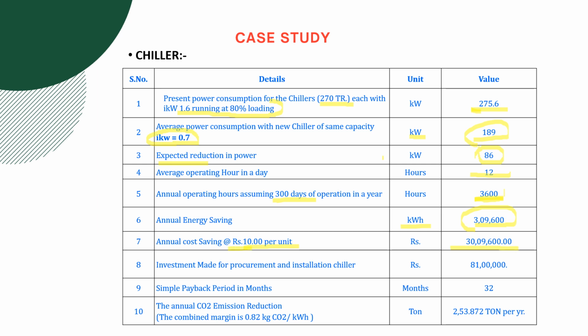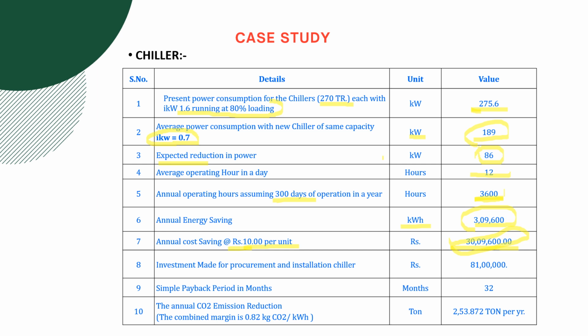So friends, you can see how much cost can be saved by doing an energy audit, or you can say by doing this replacement. So here you can see this is 30 lakh 9,600 annually that can be saved by replacing with a new chiller.